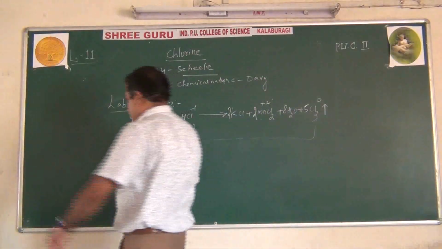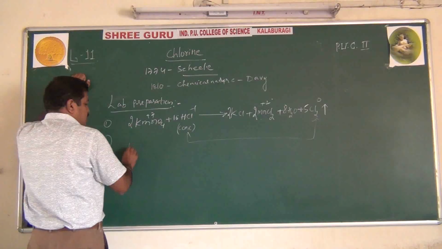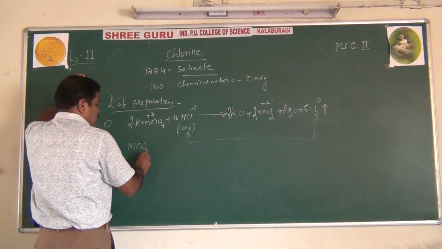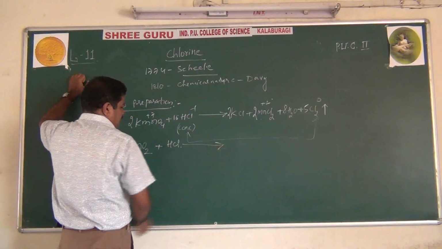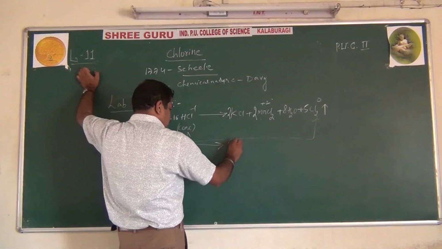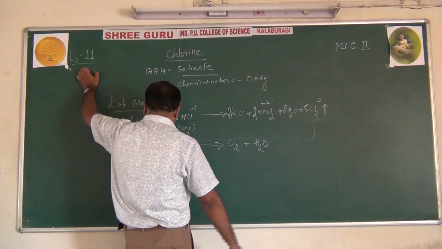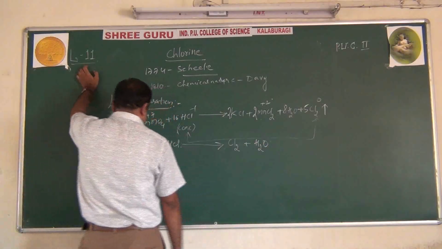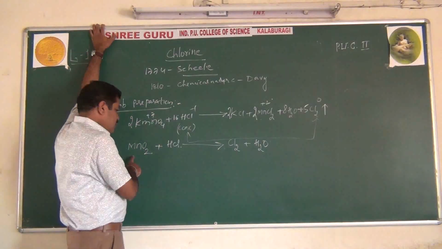Apart from this, you can also prepare chlorine by oxidation of manganese dioxide, pyrolusite, with HCl, hydrochloric acid. Here it is the same thing. Chlorine gas will come out, and H2O. No other products. Very simple, right?